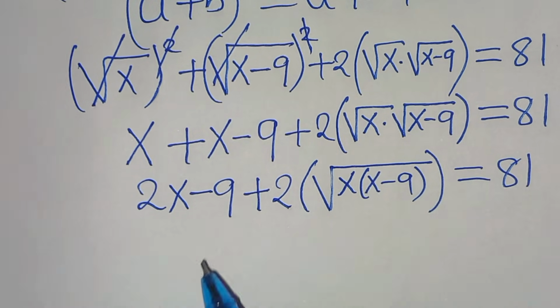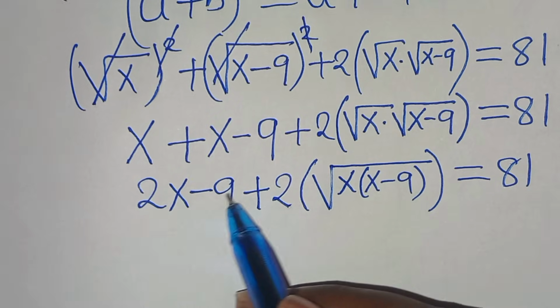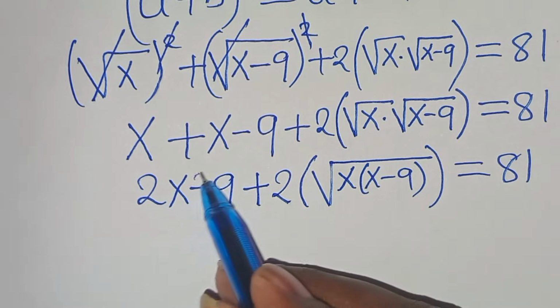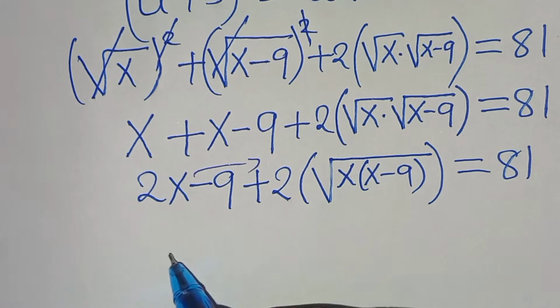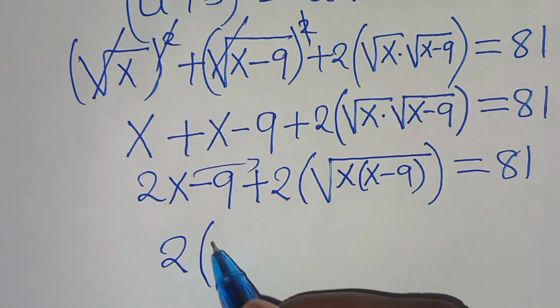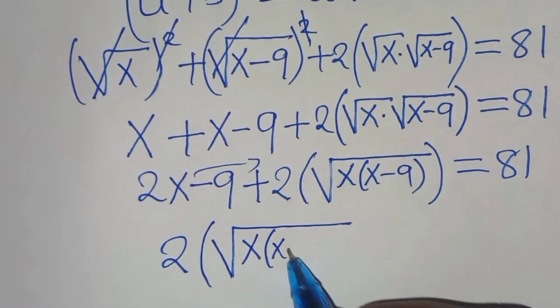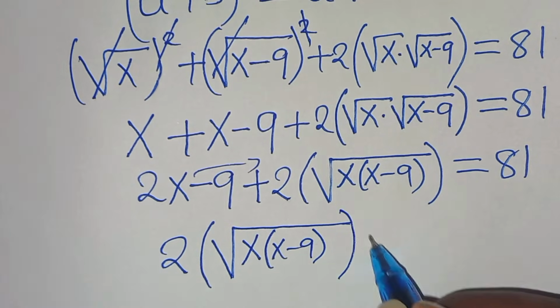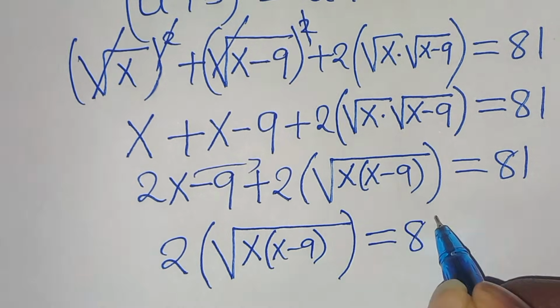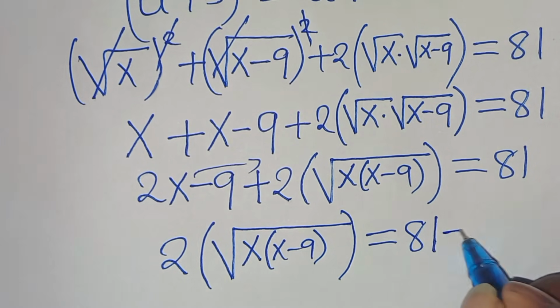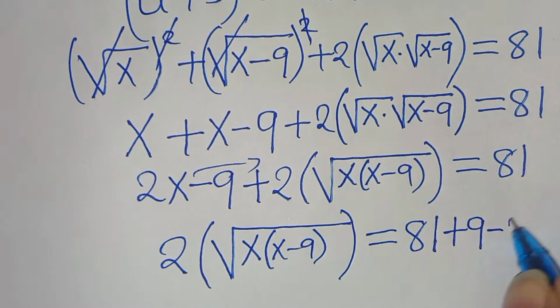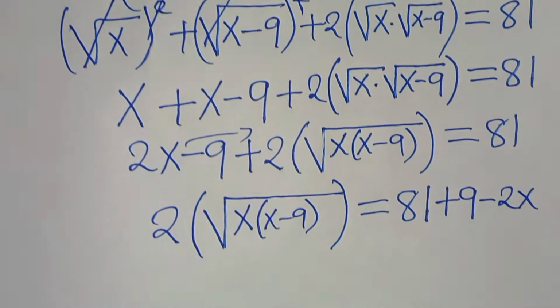Now, the next step is that we have 2x minus 9. Let's take 2x minus 9 to the right hand side, so that now we have 2 into the parentheses, the square root of x minus 9, close the parentheses. This is equal to 81, then plus 9, subtract 2x.